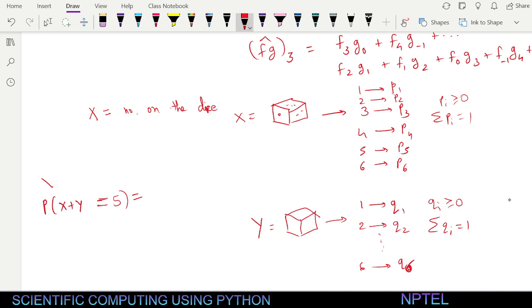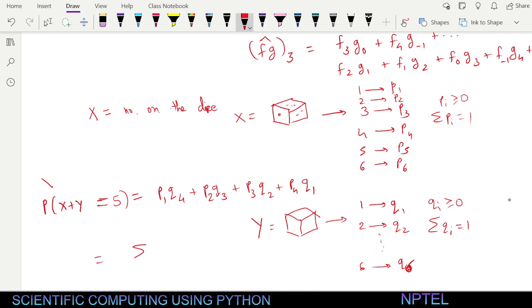Well, you can have 1 on the first die and 4 on the second die, so p1 times q4, or you can have 2 on the first one, 3 on the second one, then 3 on the first one, 2 on the second one, 4 on the first one, and 1 on the second one.